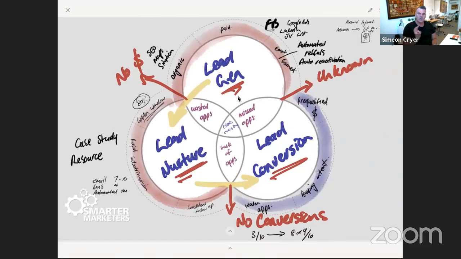So what's really cool about the automated platform that we have is that we know that it takes at least 6 attempts of follow-up for a sale to be made. And we also know that most salespeople usually make 2 attempts before they give up, right? So 2 is not great when you need 6.